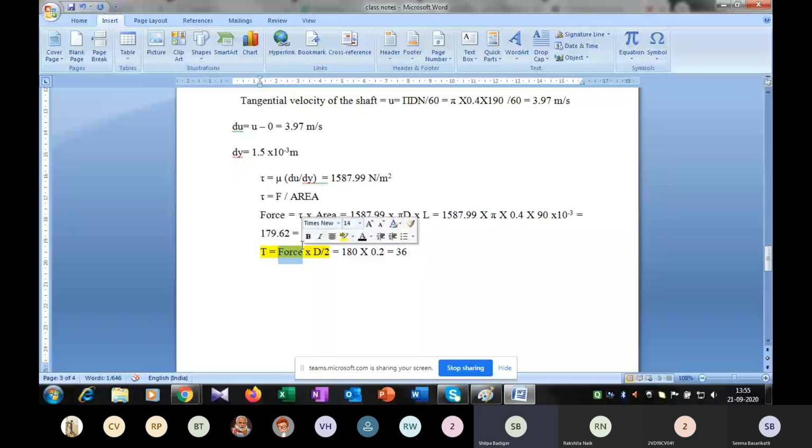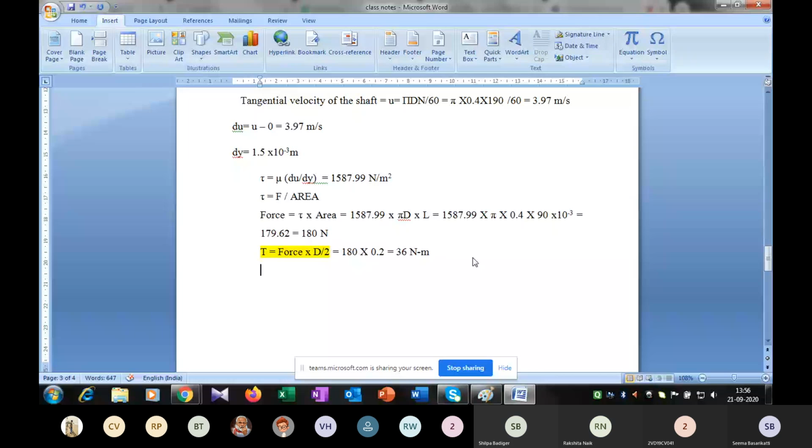Newton, ma'am. Then what is the unit for diameter? Meter, ma'am. Then what is the unit for torque? It is Newton meter.